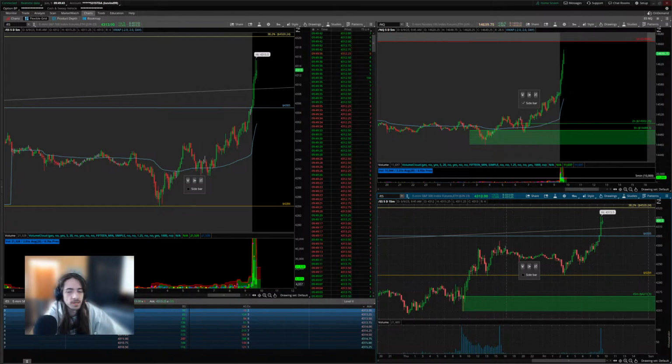Gotta be careful shorting this because obviously how strong it's been, but you also gotta be careful going long here because now we're sort of running into a wall and a bit of resistance. So we do need volume and strength. VS, volume, strength. Here we go. Is this something?